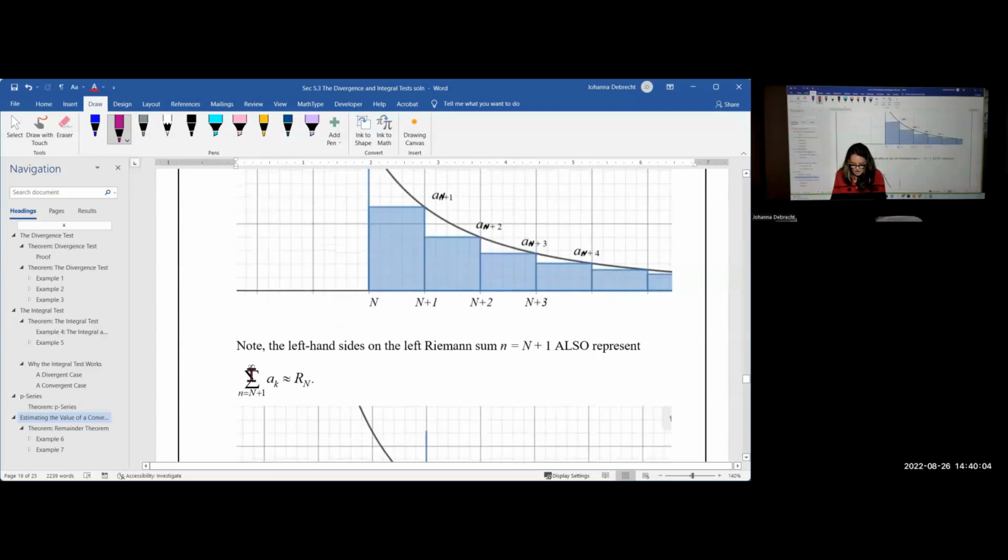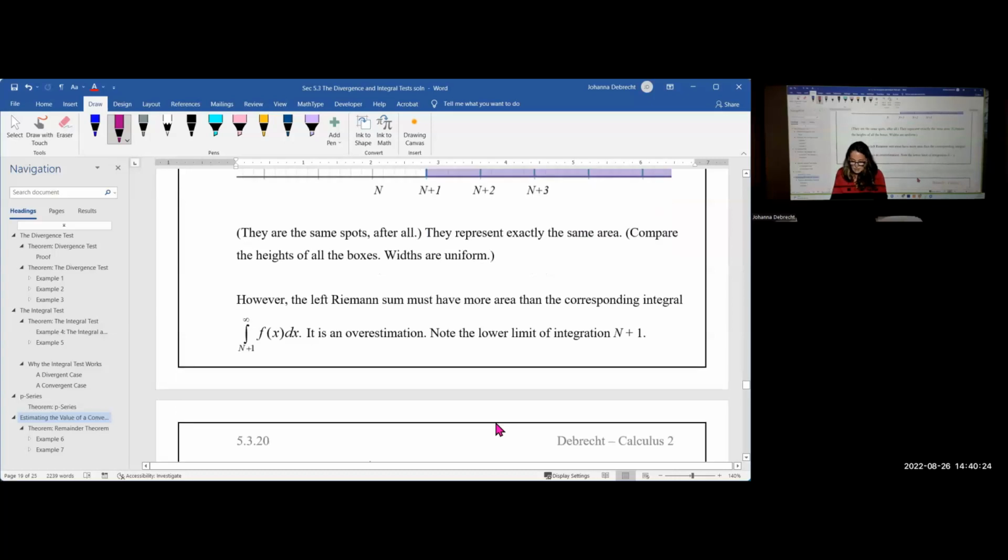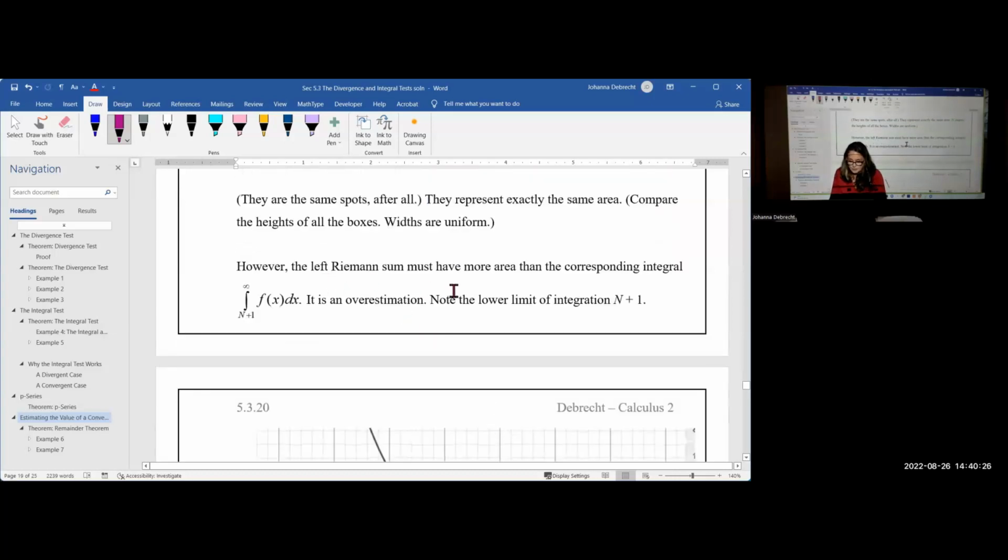And again, what we have here is this approximation where the right Riemann sum starting at uppercase n and the left Riemann sum starting at uppercase n plus 1 give me the same values, which is that error. Now, I know that the left Riemann sum must have more area than the corresponding integral.